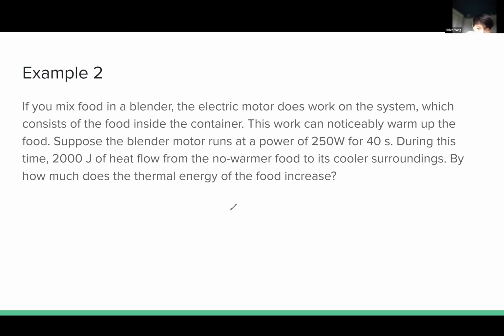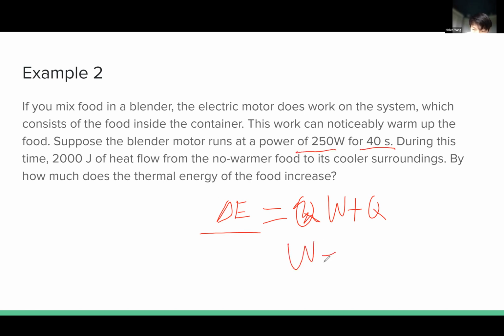So we use the first law of thermodynamics. The change in the thermal energy is equal to the work plus the heat. Since we're given the power and the time, we know that work is equal to the power times the change in time. So it'd be 250 watts times 40 seconds, which equals 10,000 joules for work.